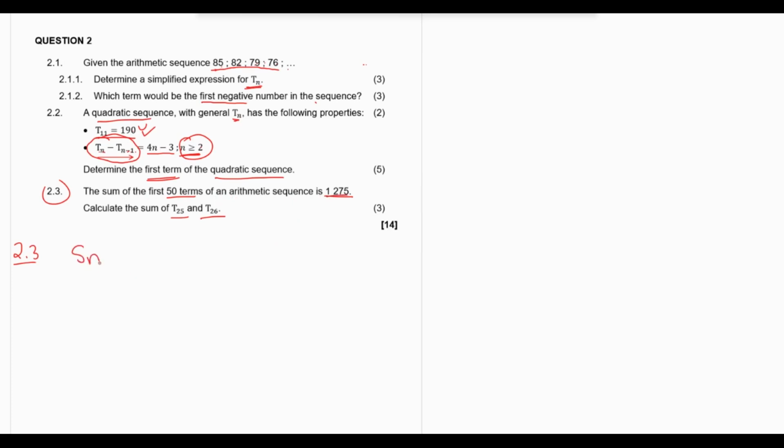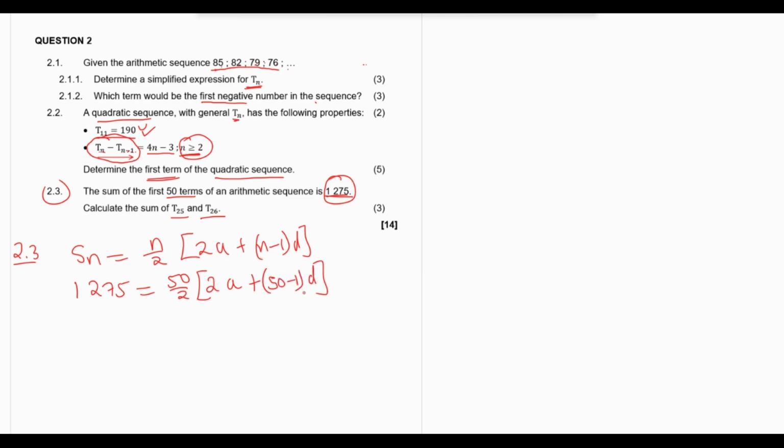Remember the formula Sn is equal to n over 2, then 2a plus n minus 1 times d. Okay, so we're finding the sum of the first 50 terms, which is 1275, and then our n is 50 over 2, that becomes 25, isn't it? And then 2a, we don't have our a, plus 50 minus 1 times d.